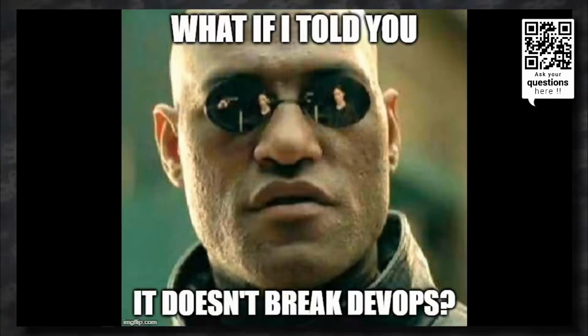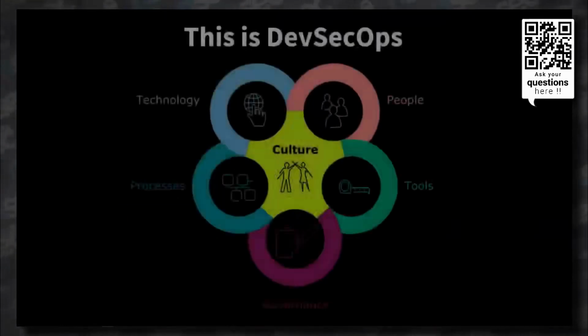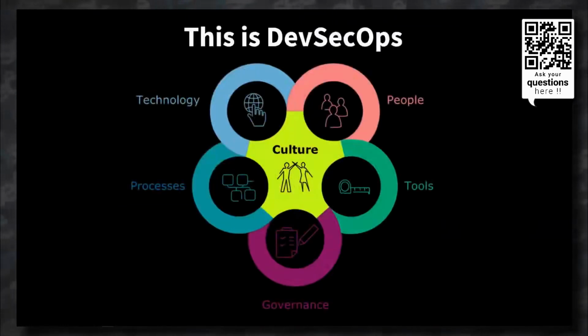So I mentioned already the goal of DevSecOps being bigger than just speed, right? It's this idea of continuous improvement. When I look at the core of what DevSecOps really is, it's this idea of a culture.